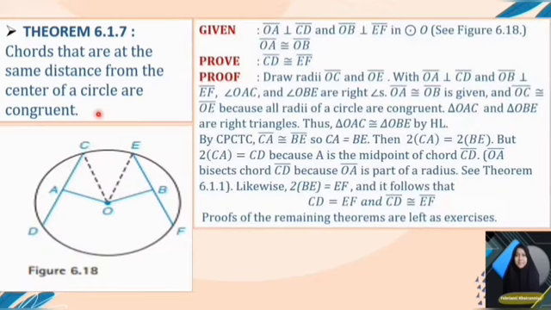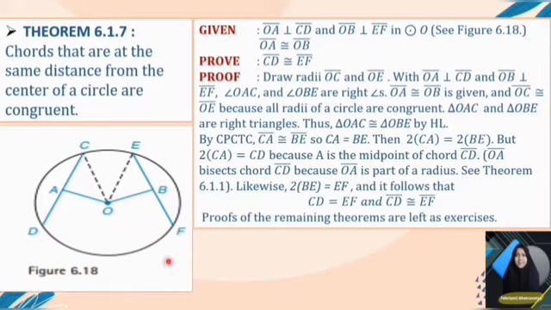For the proof, from the figure, given line segment OA perpendicular to line segment CD, and line segment OB perpendicular to line segment EF, in circle with center O. See figure 6.18.